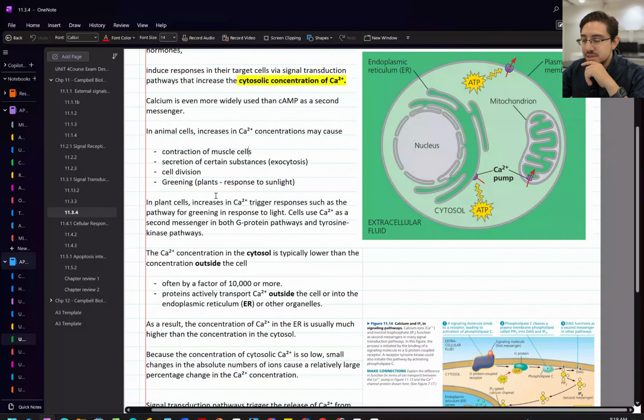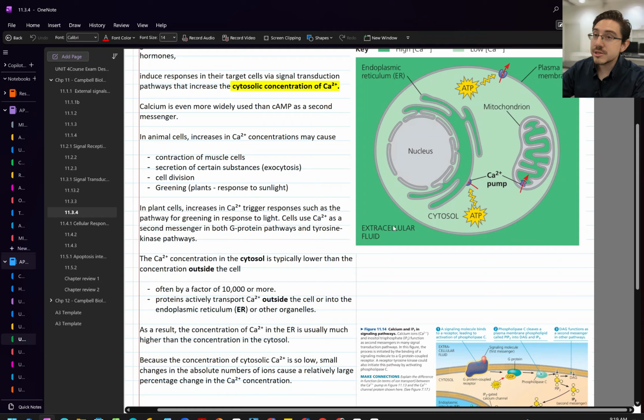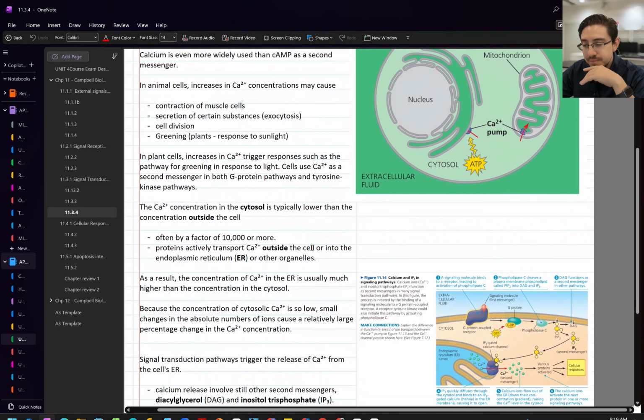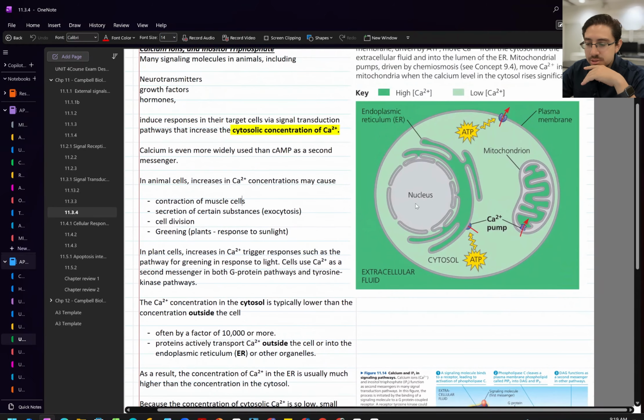Generally, calcium ion concentration is higher outside of the cell or within the ER. In the cytosol, you tend to have very low concentration. So this is essentially what this picture is showing.